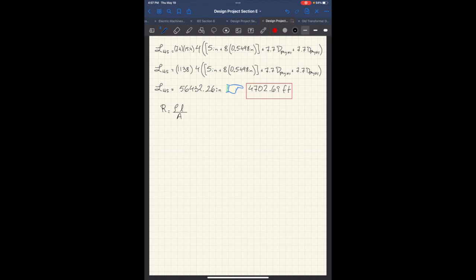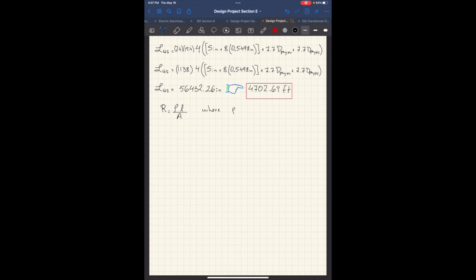So L, in this case, is the length of the conductor, which is what we just found for both high side and low side. A corresponds to the circular mill area, the cross-sectional area, and rho is something called resistivity. That's unique to the material. Every material has a unique resistivity. I'm going to give you the one for copper because that's what we're working with.